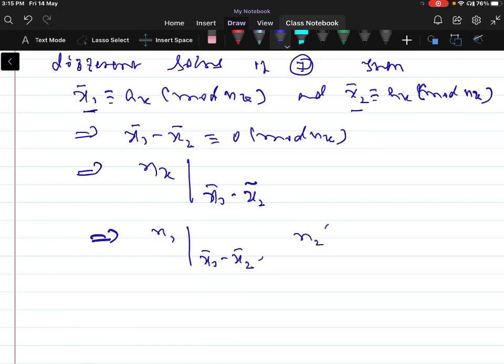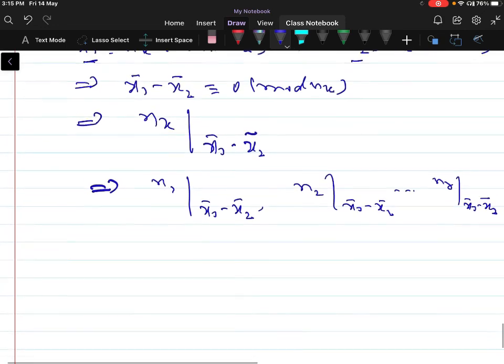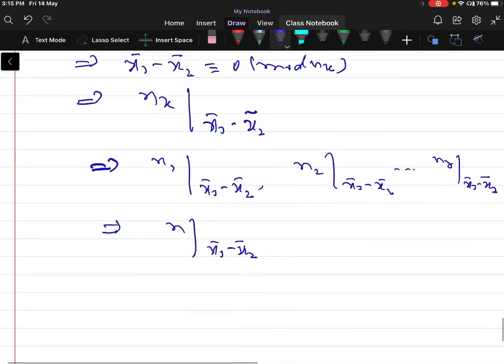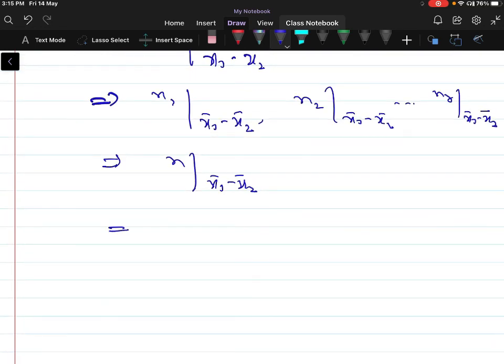Similarly, n2 divides x1 bar minus x2 bar, and so on, nr divides x1 bar minus x2 bar. So this implies that n divides x1 bar minus x2 bar. So x1 bar minus x2 bar is congruent to 0 modulo n.